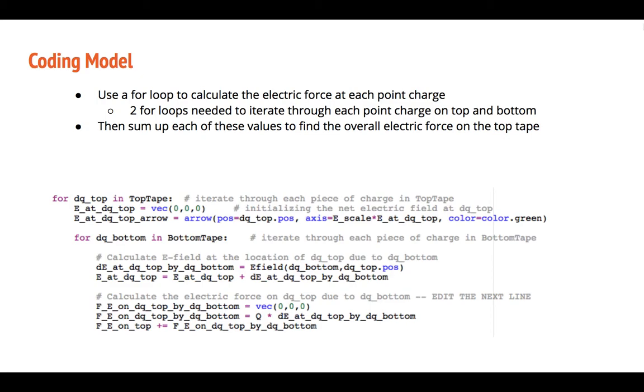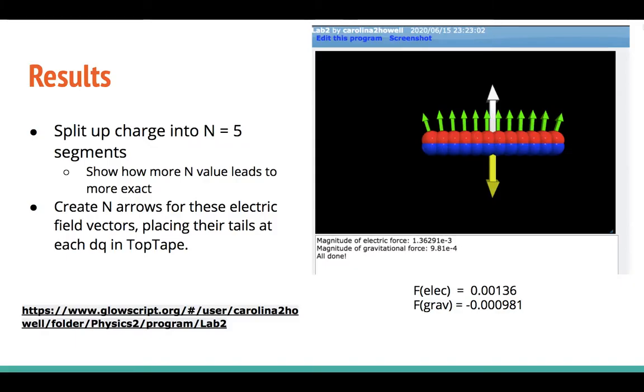The reason there's two for loops is because first you're iterating through every point in the top tape, and then you're iterating through every point in the bottom tape, and then finally, as you can see at the end, you do the plus equals each time to add that onto this overall value, which is the Fe on top, the overall electric force on the top tape. And then the gravitational force is just calculated by mg, and here are my results.